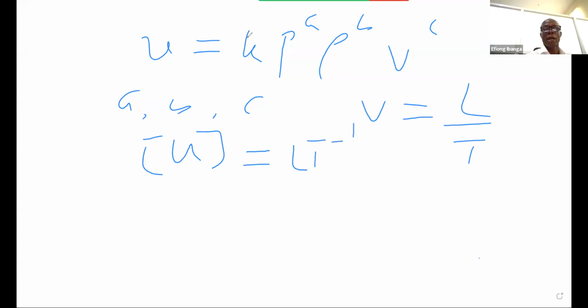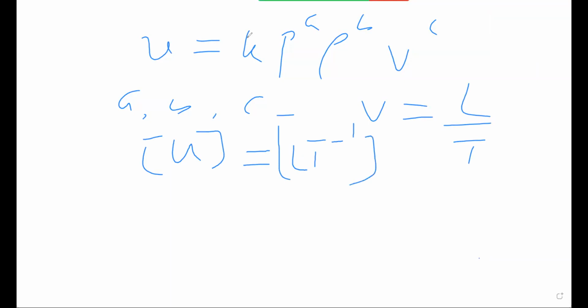All right, so that will be the dimensions of this. Is that correct? Why? Because this is T to the minus 1. That is, if we carry this up, it will become minus 1. Do you understand it there? Yes, sir.